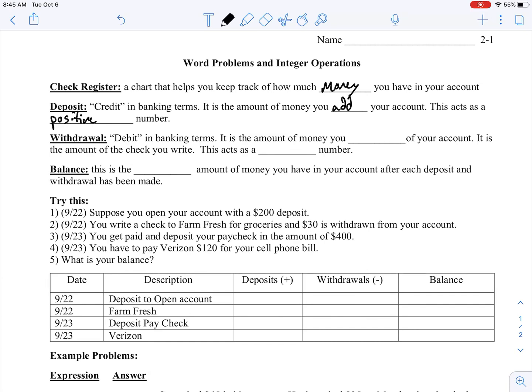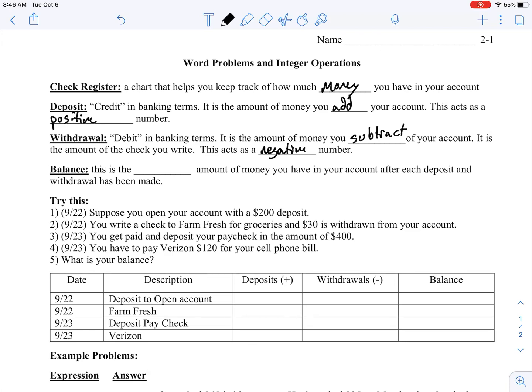So withdrawal and debit are going to mean the same thing. So this is the amount of money we subtract out of our account or spend. So this is the amount of money of a check you write, or if you use your debit card when you make a purchase, this is happening. So this acts as a negative number since we are spending it or taking it out of our account.